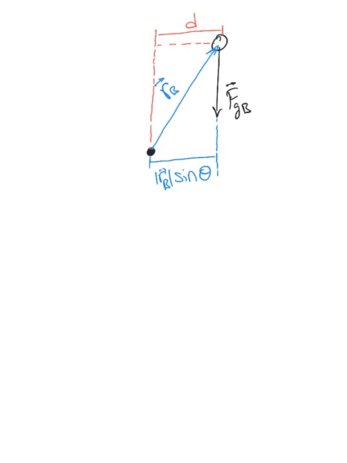But if we look at our r vector for the ball, this blue arrow pointing up and to the right, this r vector points from the axis of rotation to the ball, and the force of gravity points straight down from there.